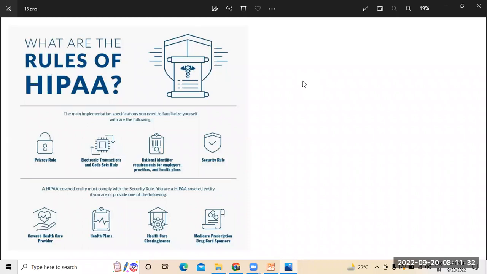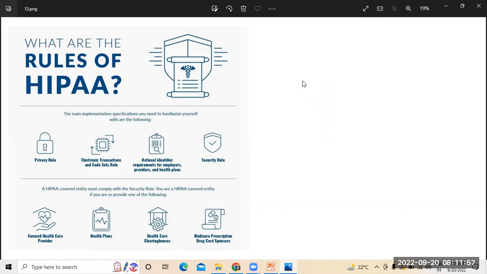So these are the different rules which HIPAA has. One is the privacy part, the privacy of health information, which must be protected by both parties. Next, the transactions we do are called EDI, electronic data interchange.